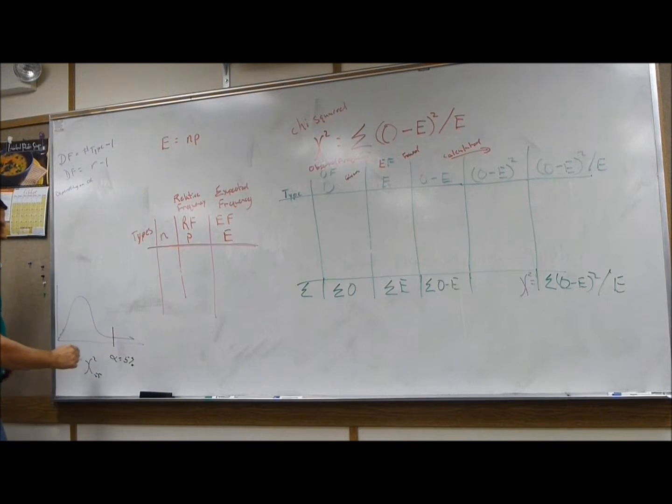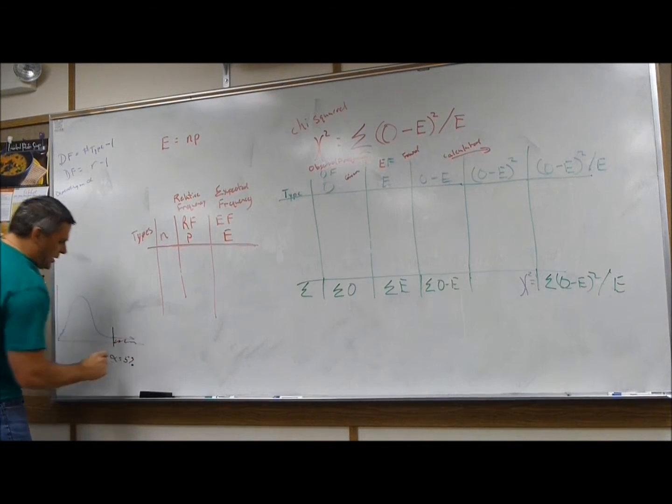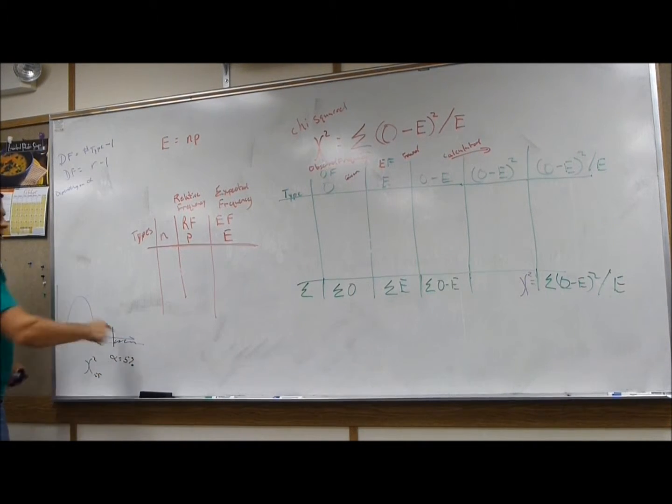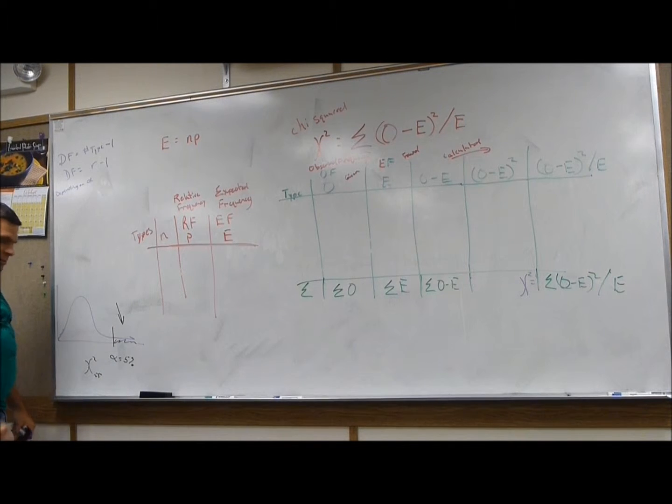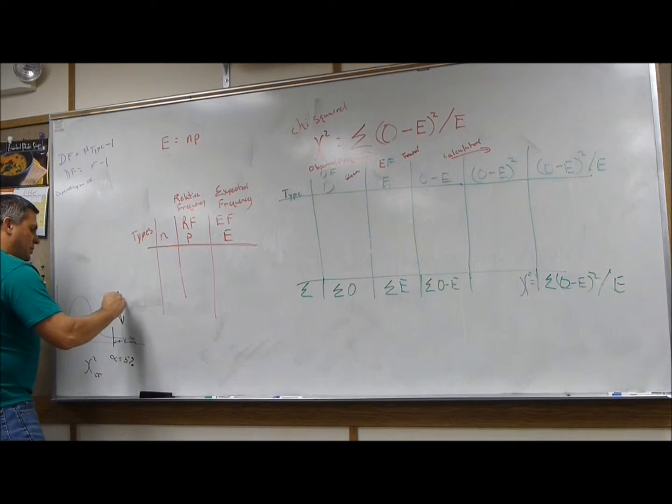If your chi-square value lies within here, you would reject the null.